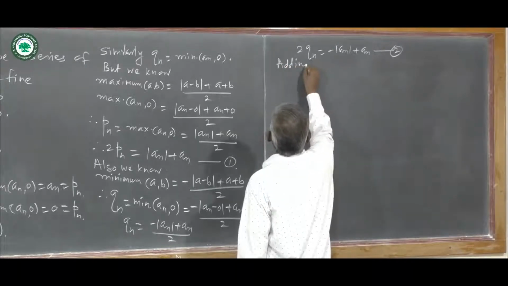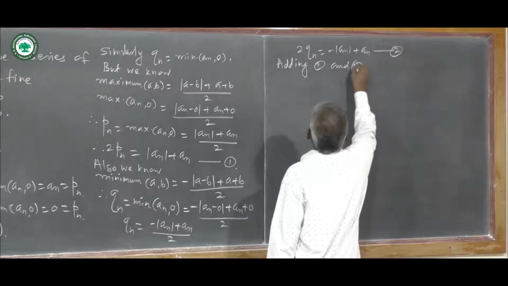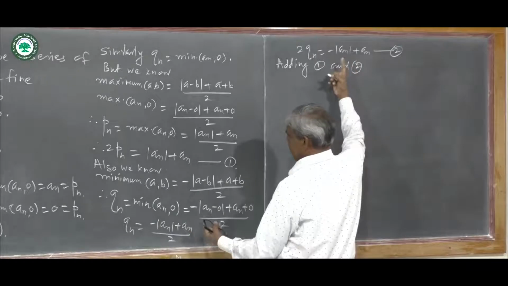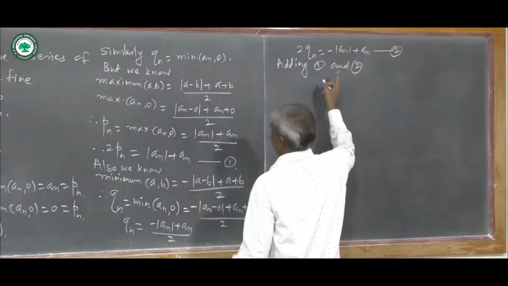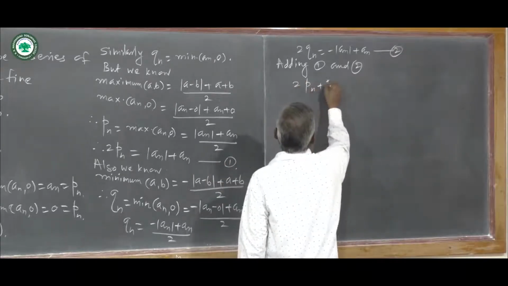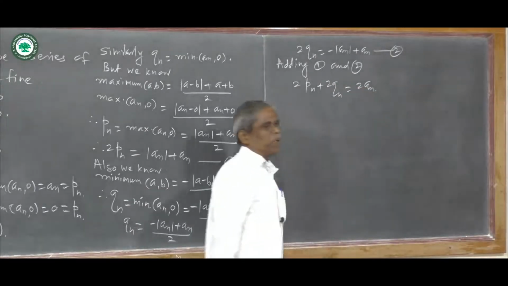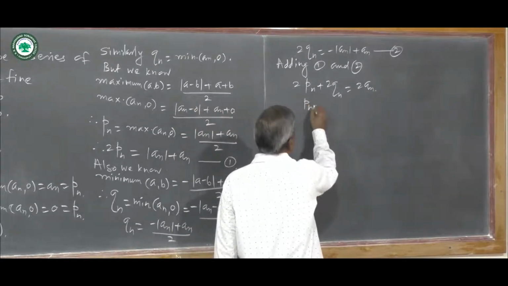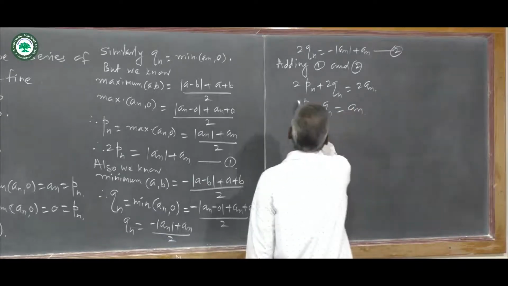Adding equations 1 and 2, we obtain 2p_n plus 2q_n is equal to mod a_n minus mod a_n, which cancels, plus a_n plus a_n, which is equal to 2a_n. 2 is not equal to 0. Dividing by 2, we obtain p_n plus q_n is equal to a_n.